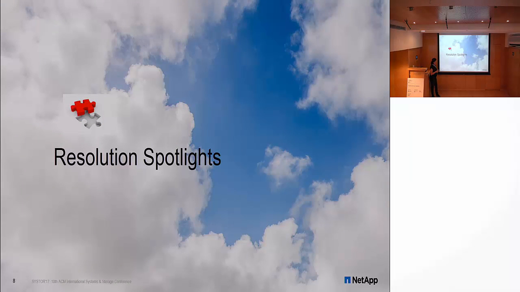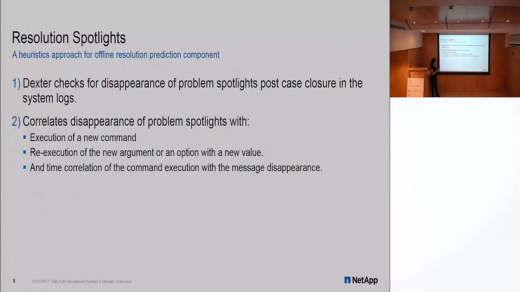So the next item for Dexter, after finding the problem spotlight, is the resolution, that is what was the command or how was the problem solved. So as I said, this is a completely heuristically driven approach. So what we do is we ask Dexter when a case is opened, what are the right list of messages you suspect to be correlated with the problem that the customer is undergoing.